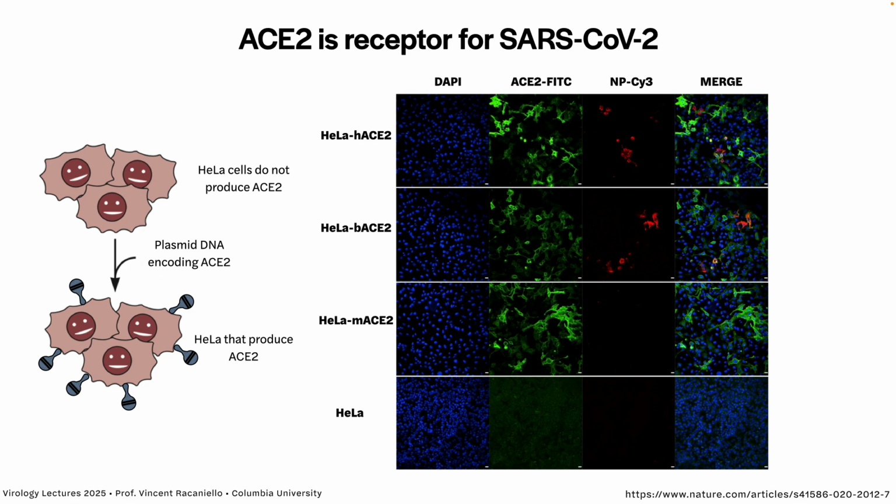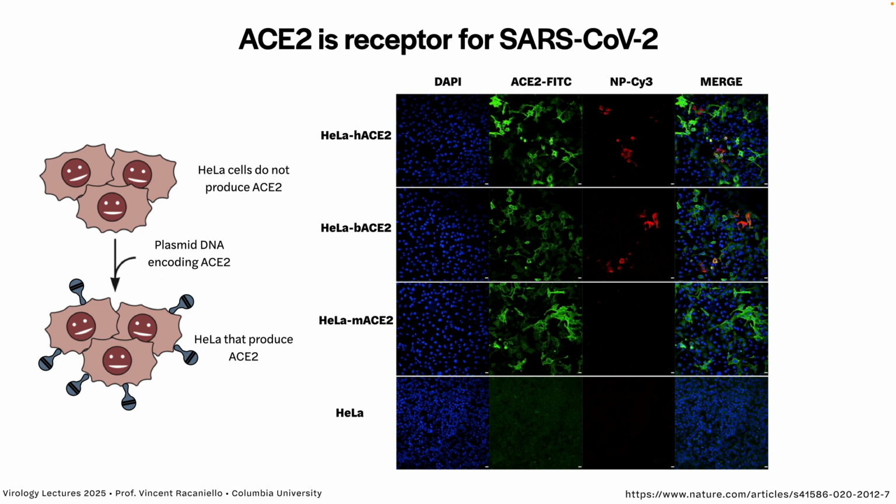Now we go back to the top, and we have HeLa cells that we've engineered to produce human ACE2. They make lots of ACE2 on the surface, green, and they can be infected with SARS-CoV-2. And if you merge, you can see the green cells and the red cells are the same cells, showing that ACE2 is the receptor.